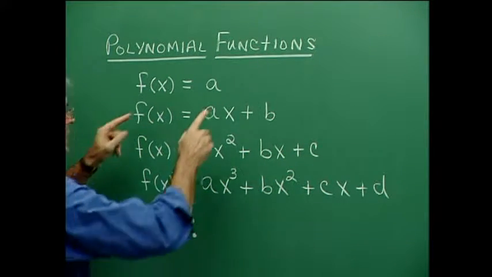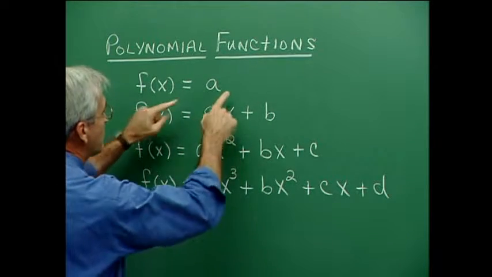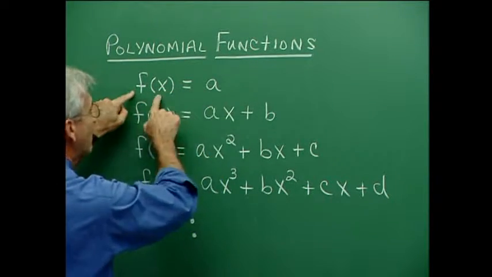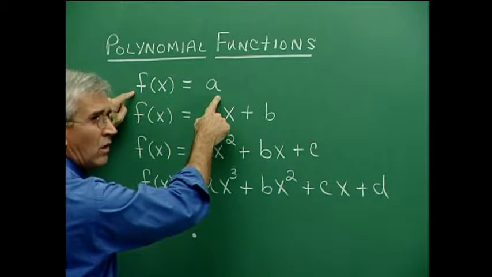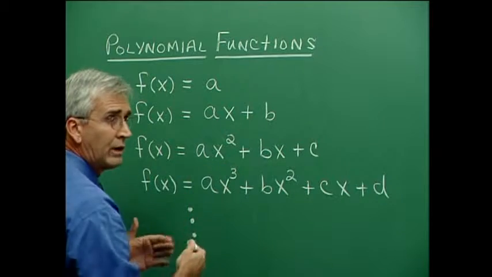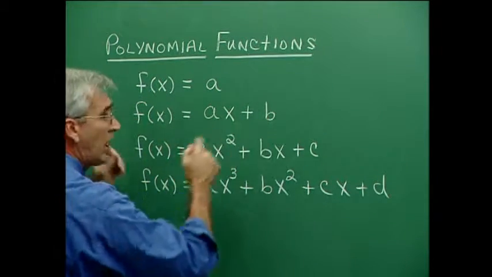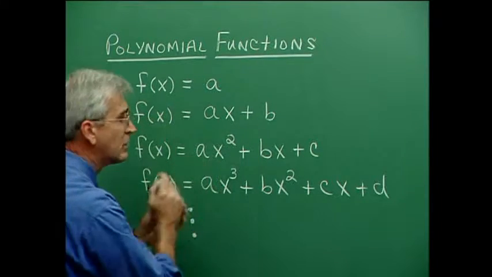We have studied 0-degree polynomial functions, if you will. They're just constant functions. It would be like f of x is equal to 2. And we know all about the graph of y equals 2. It would be a horizontal line going through y equals 2. We've also studied first-degree polynomial functions, linear equations, you see.